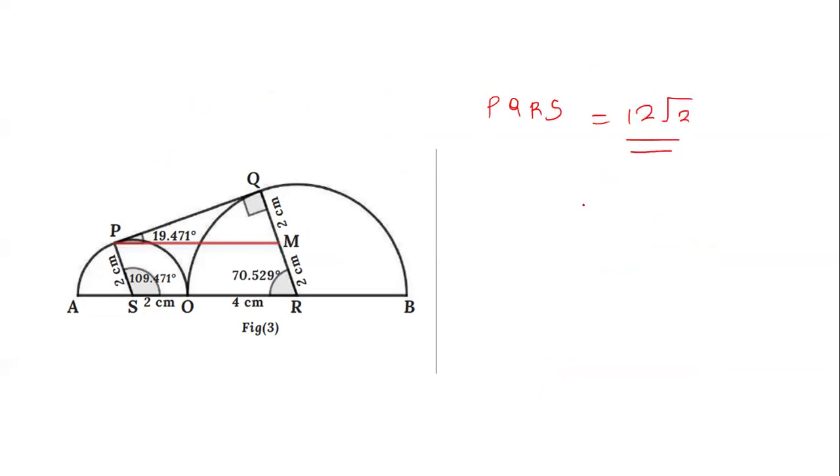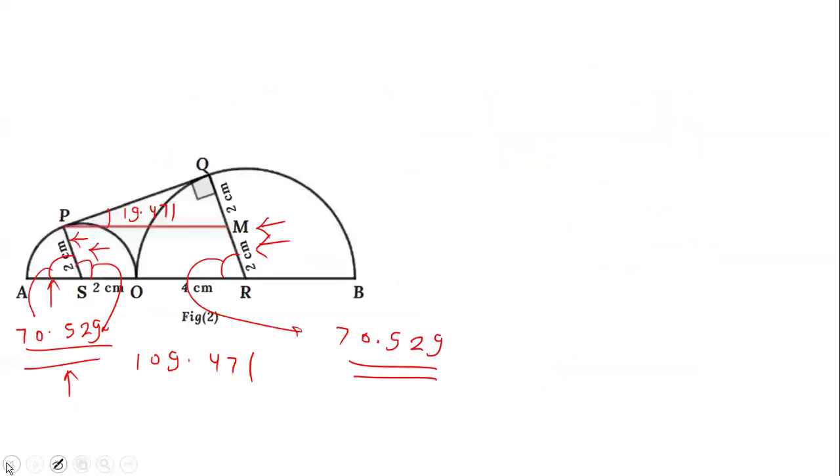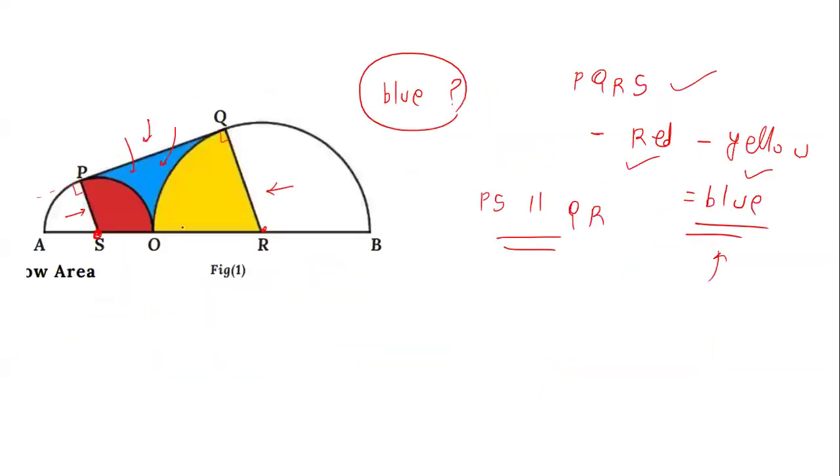Now, initially we said that this blue region area is PQRS minus red minus yellow. So we calculated the PQRS area. It is 12 root 2. So what is this red area and what is this yellow area? So this is the arc of the circle. Now we know this angle we calculated like 70.529, and this angle we calculated it is 109.471.